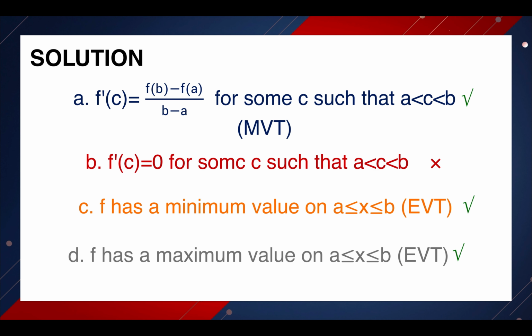And for both choice C and D, they must be true because according to the extreme value theorem, there must be a maximum and minimum value for a continuous function on the interval a ≤ x ≤ b.